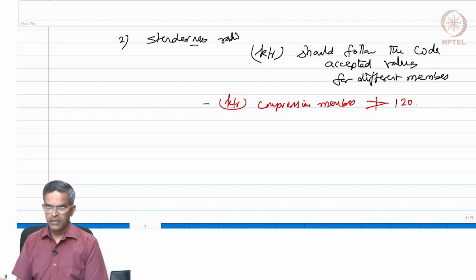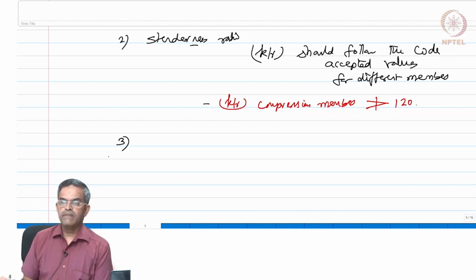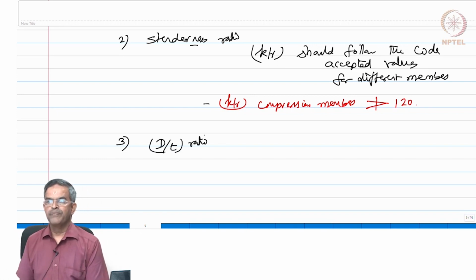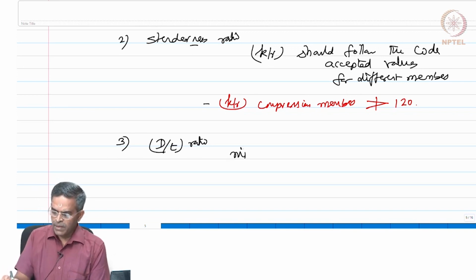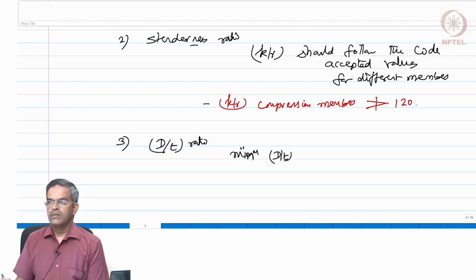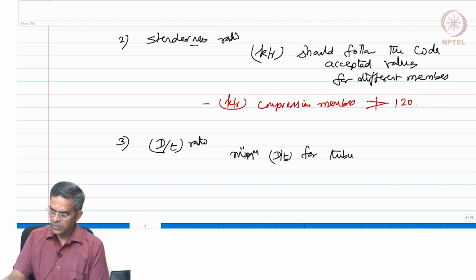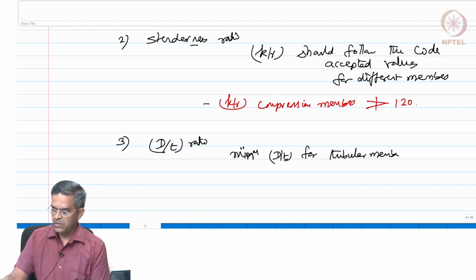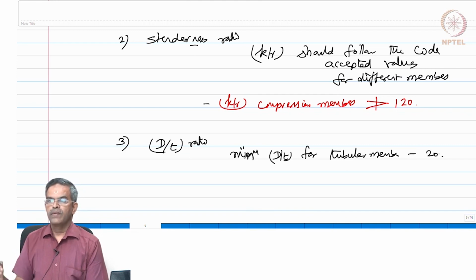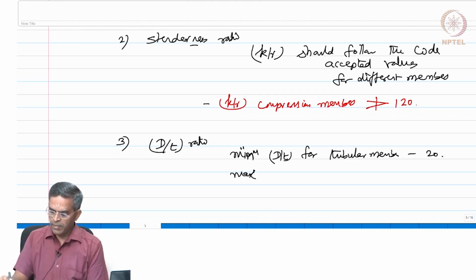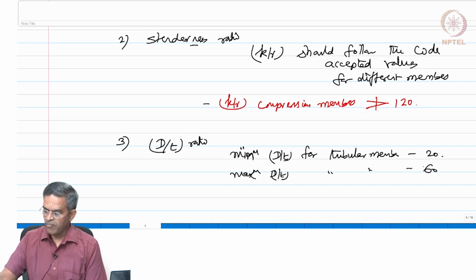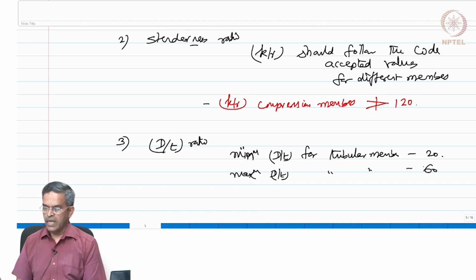There is a limit. The third condition comes from the sizing, which is diameter to thickness ratio. The minimum diameter to thickness ratio for tubular members is 20. The maximum D by T ratio for tubular members is 60. However, under exceptional circumstances, you can increase this.